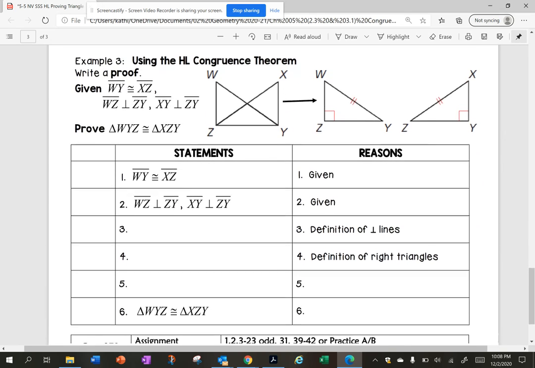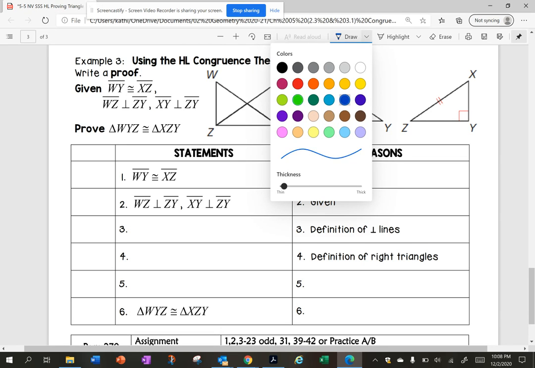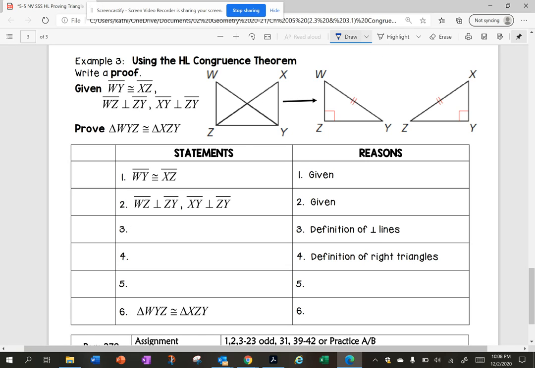Okay, so let's do a proof here. So the information I'm given is, I have a lot of information here. Okay, so I'm going to put the first piece that I'm given, that WY is congruent to XC. And I have some perpendicular information.